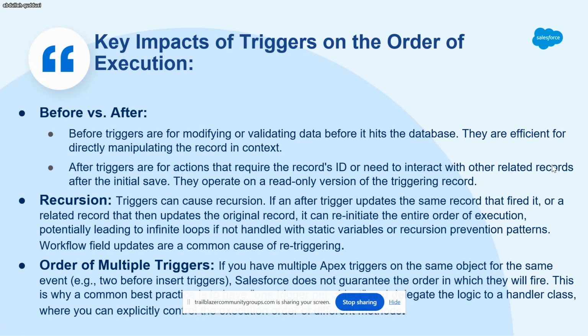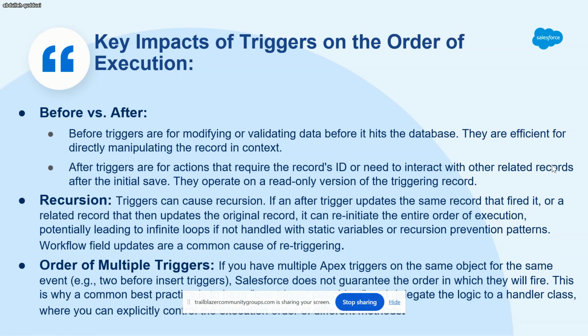Related record means account and contact. Let's say we are in a contact after trigger and we are writing some logic on its parent record, which is account. When we do some updates, then it can reinitiate the entire order of execution. Recursion is a complete topic in itself.